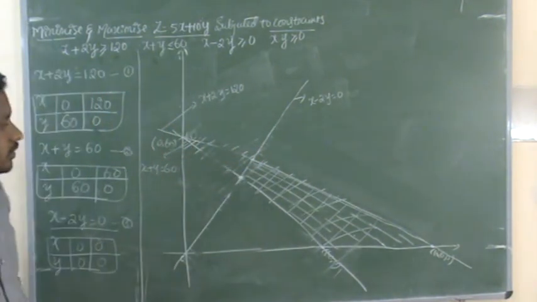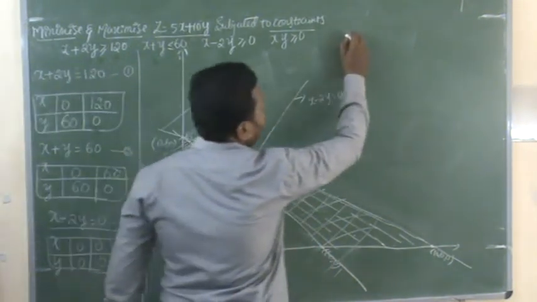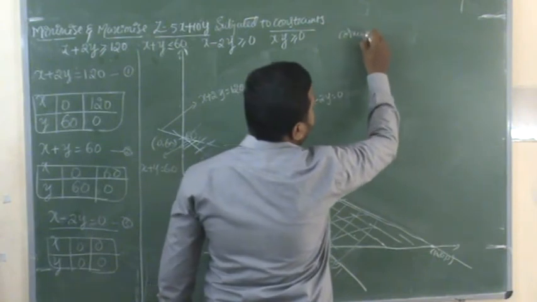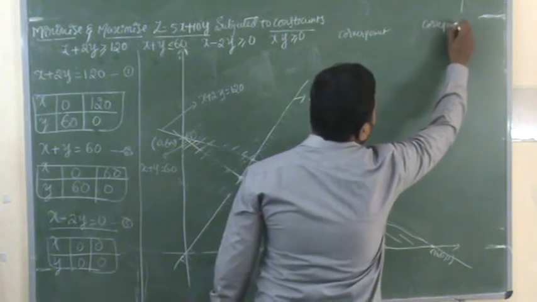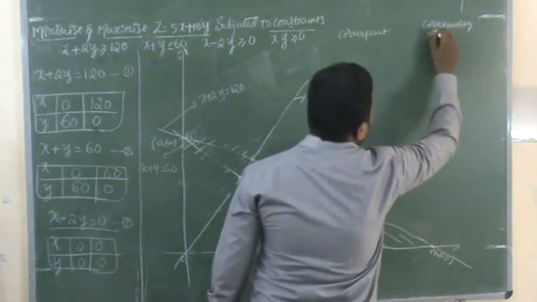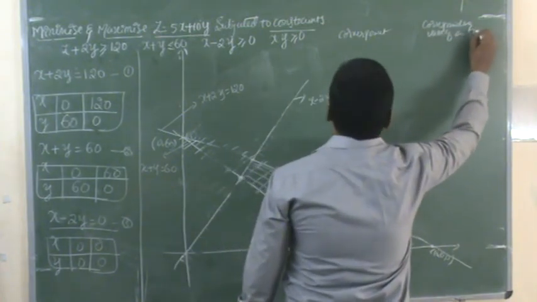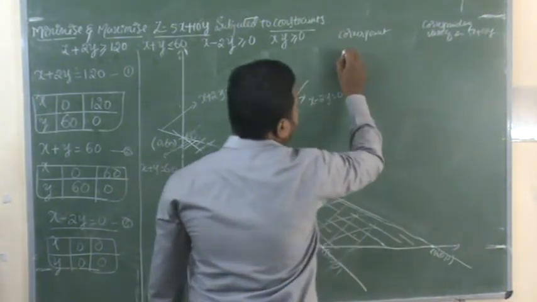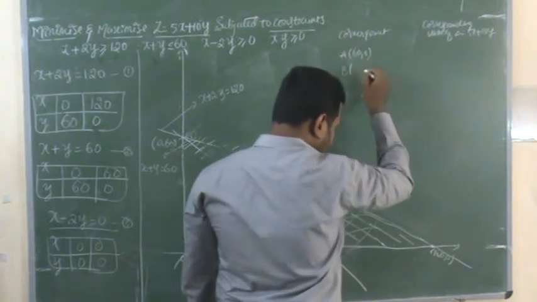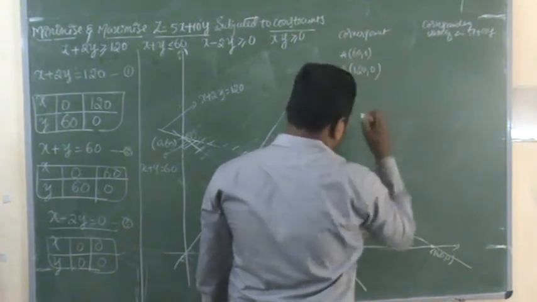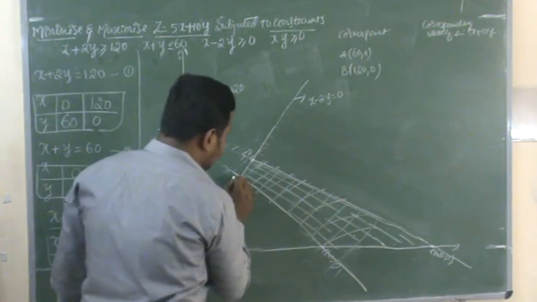Now we have to find the corner points. So we know the corner points and the corresponding value of z, that is z equals 5x plus 10y. Now the corner points A of 60, 0 and B of 120, 0, and we don't know the C point and we don't know the D point. So we have to calculate C and D.